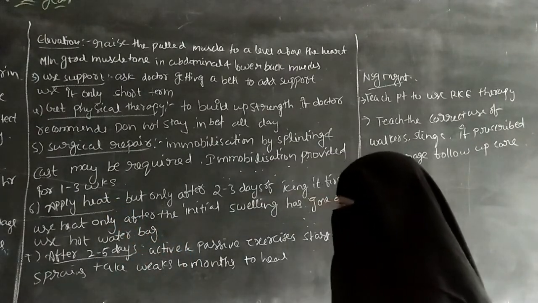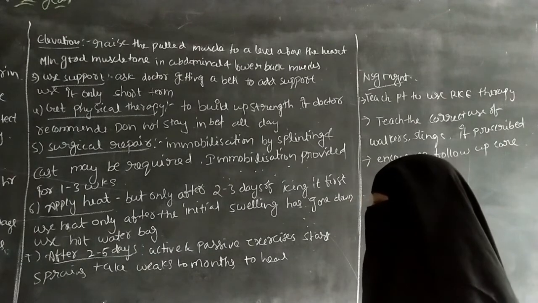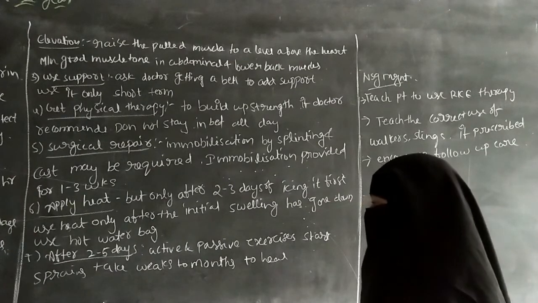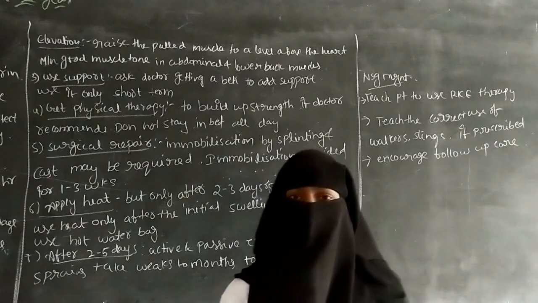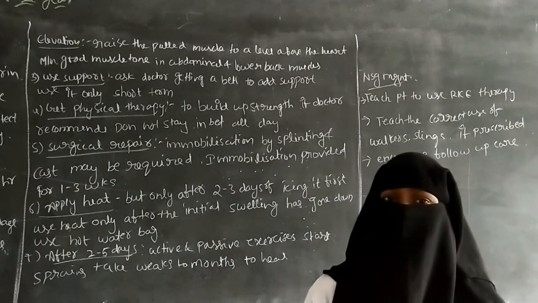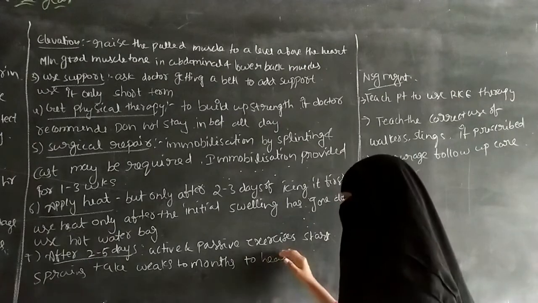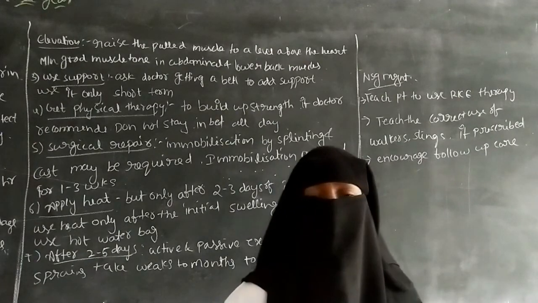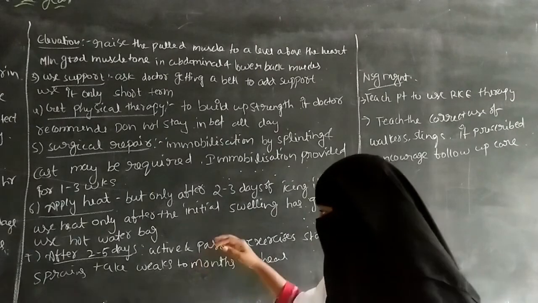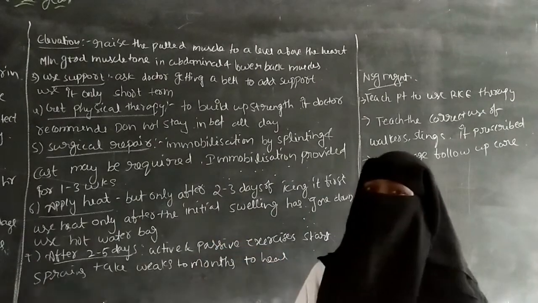Next one is, after 2 to 5 days, active and passive exercise. After 2 to 5 days of the sprain, we can encourage the patient to do active and passive exercises.